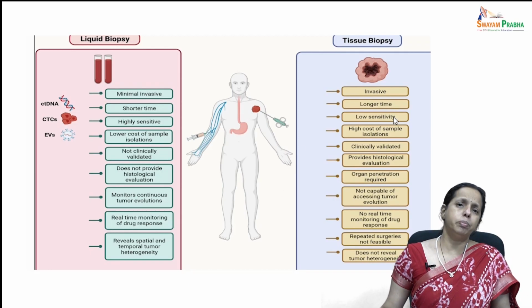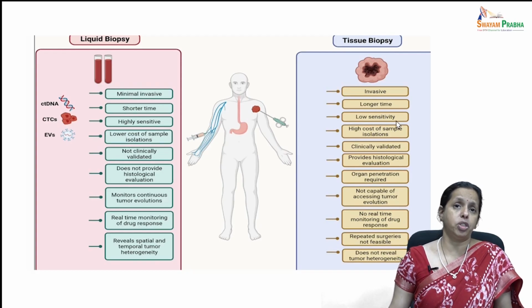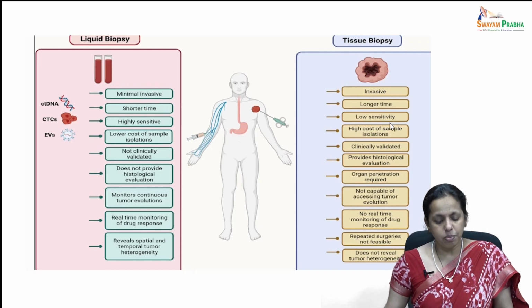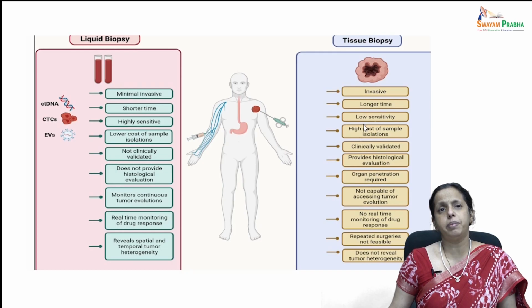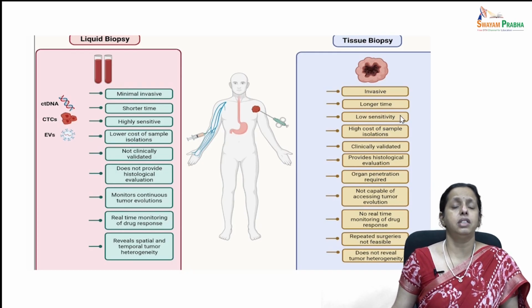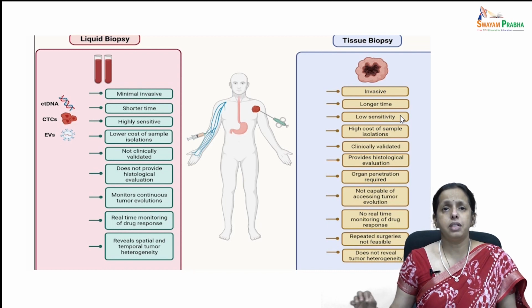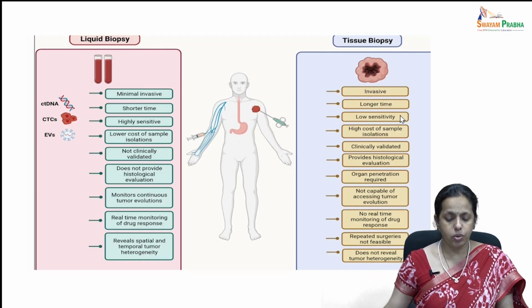Given the heterogeneous mass of the tumor, as I always tell, it may not be very sensitive. Sometimes from the same patient, two different bits of biopsy differ: one bit may show wild type, but sometimes another may show mutant.